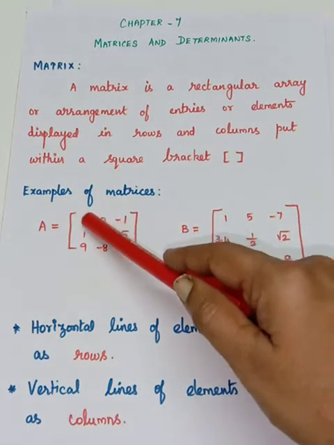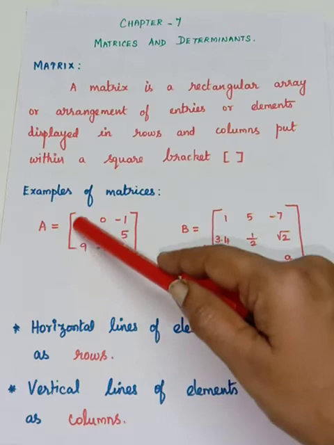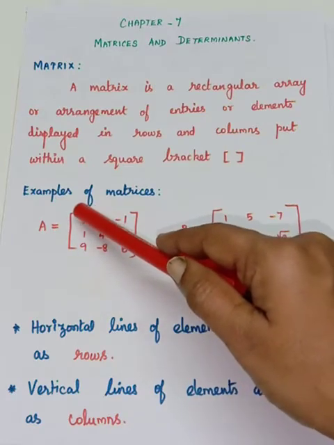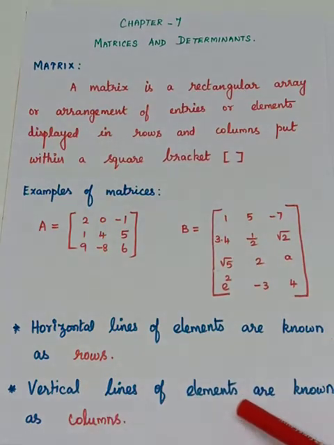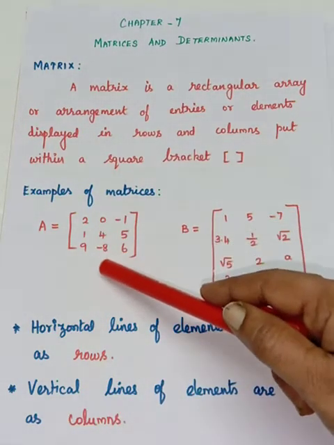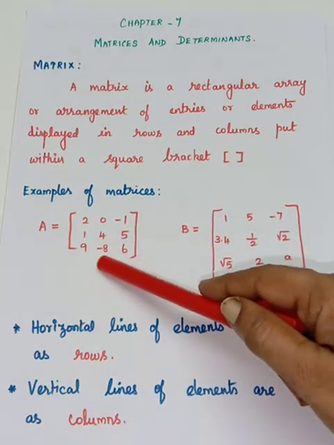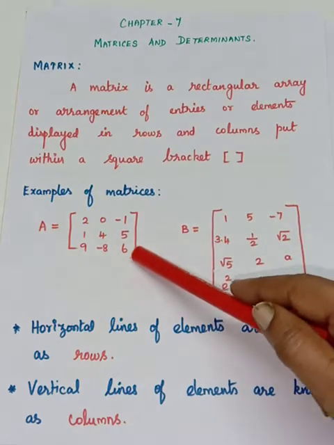Okay, and 2, 1, 9. So, these elements are arranged in columns. So, the vertical lines of elements are known as columns. So, 0, 4, minus 8 is the second column. Minus 1, 5, 6 is the third column.